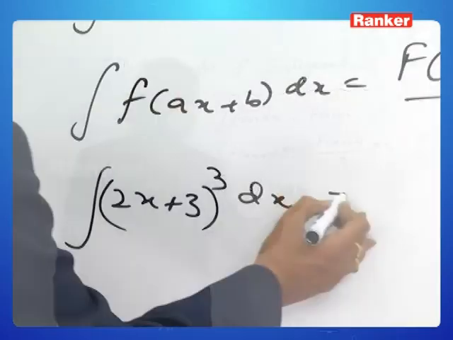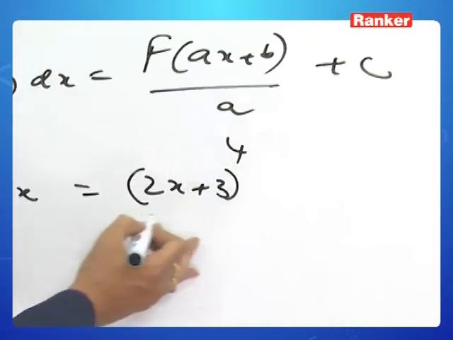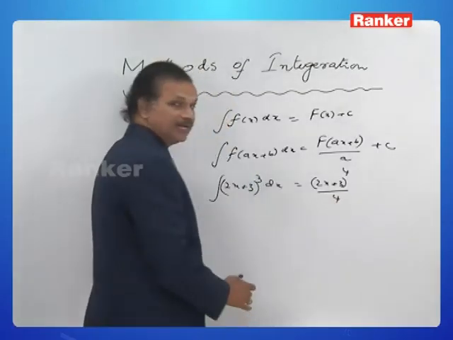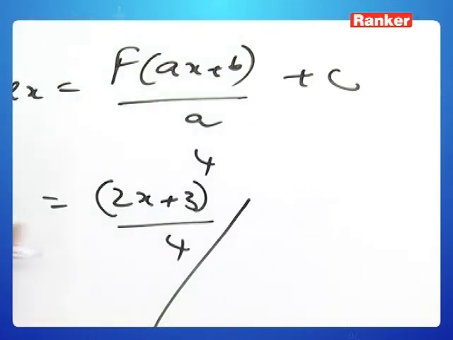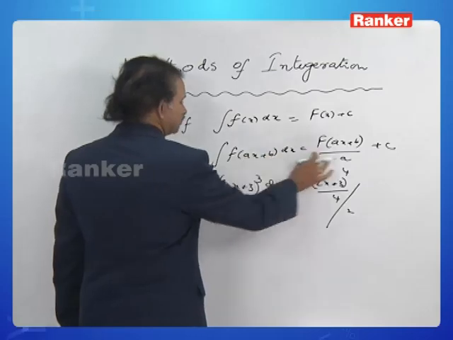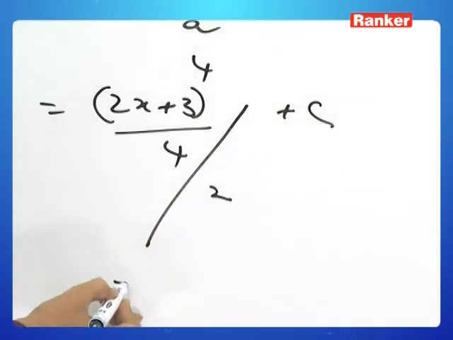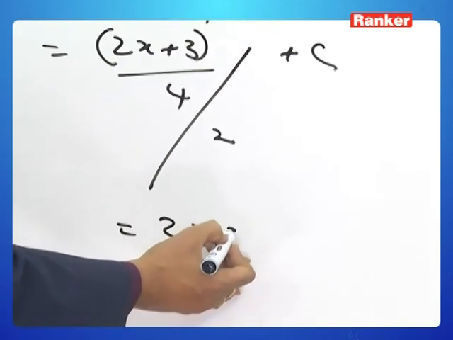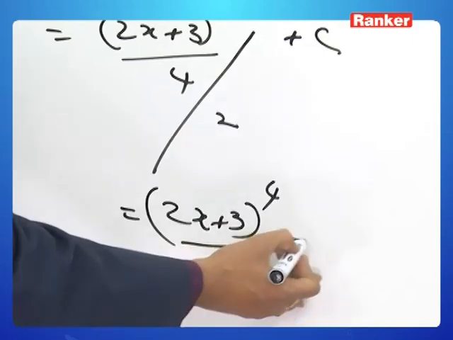But in the place of x we have 2x plus 3, so we get 2x plus 3 whole to the power of 4 by 4, divided by the derivative of 2x plus 3, which is 2. The derivative of ax plus b is a. Altogether this is 2x plus 3 whole to the power of 4 by 8 plus c.